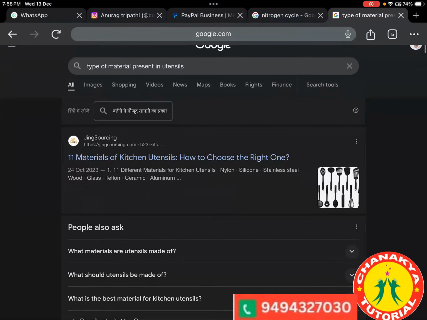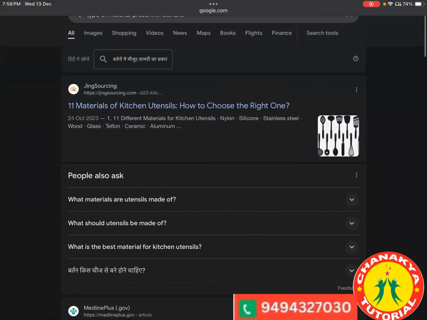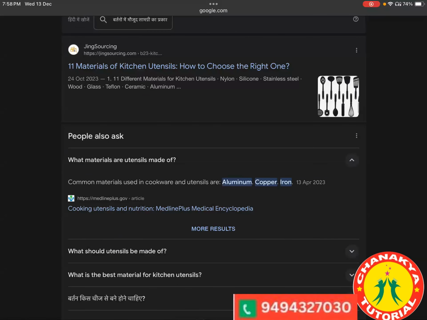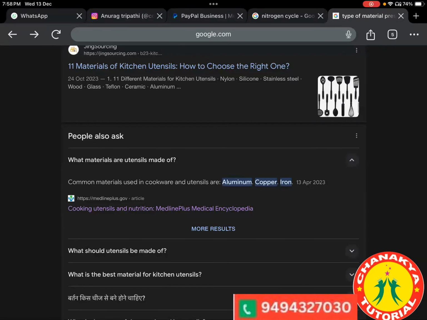Kitchen material: silicone, nylon, stainless steel, aluminum, copper. The common materials used in cookware and utensils are aluminum, copper, and iron. The glasses, I don't know what kind of glasses you use.